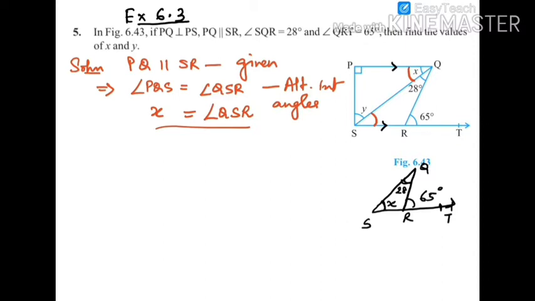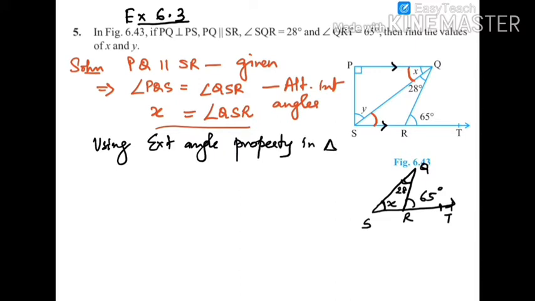So let's write this down. Using exterior angle property, in triangle SQR, angle QRT is equal to angle SQR plus angle QSR.